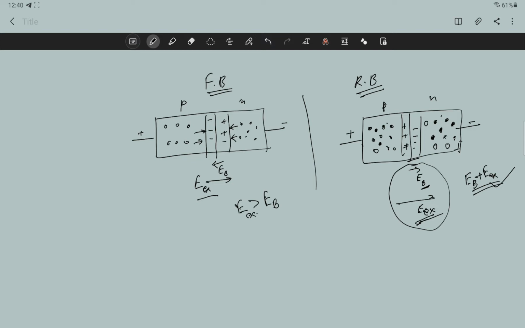So the minority charge carriers will increase their population by knocking out electrons in the valence cell. First the majority charge carriers finished, then as you increase the E external, these minority charge carriers on both sides move so fast that they knock out the valence electrons from the atomic cells and increase their population.